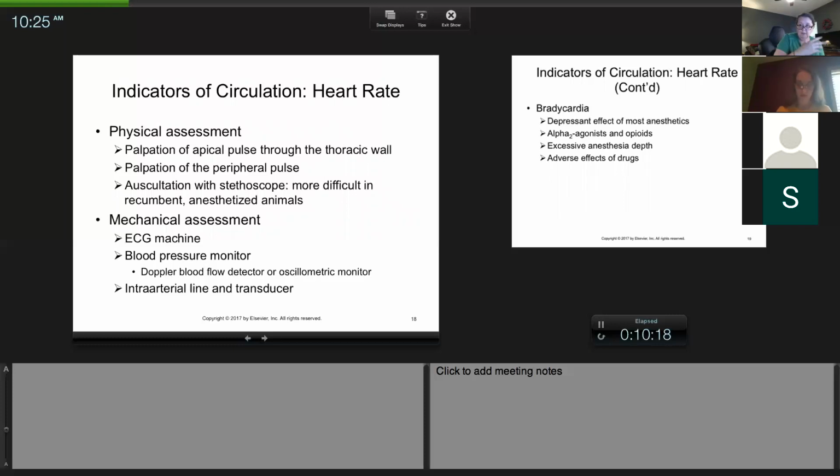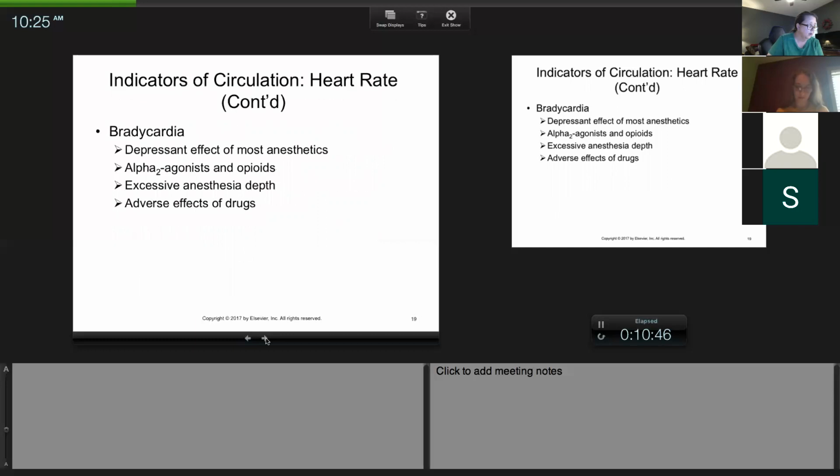But if I'm listening to the heart, I feel a pulse. If power goes out and you're in surgery and you don't have an ECG, you put your hand on the heart, you put a stethoscope in, you feel a pulse, that will tell me cardiovascular function. And obviously you can do the ECG, or blood pressure is going to give you your mechanical assessments.